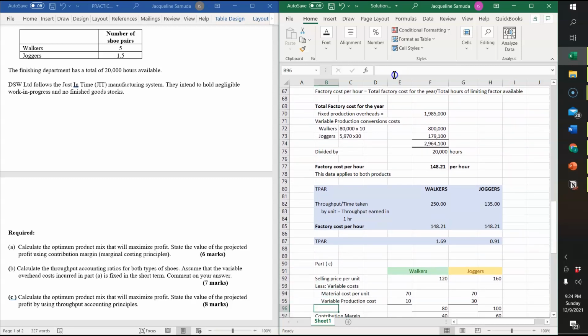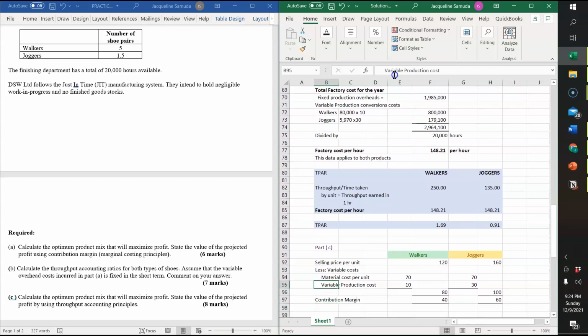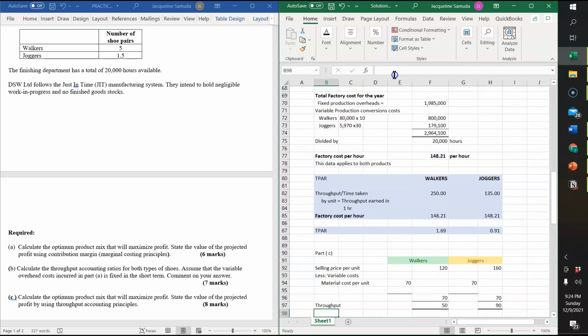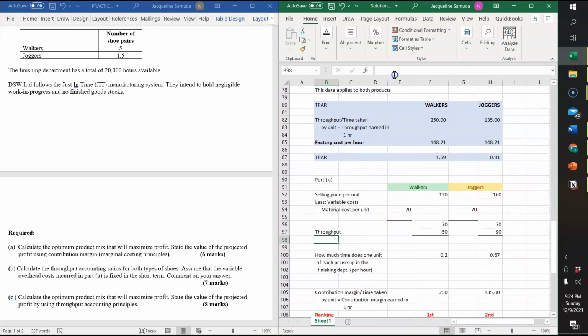All right, so all we're going to do here is to take out the variable cost of production to come back to our throughput, which is the same throughput we had earlier, 50 and 90. And we come up with the numerator.